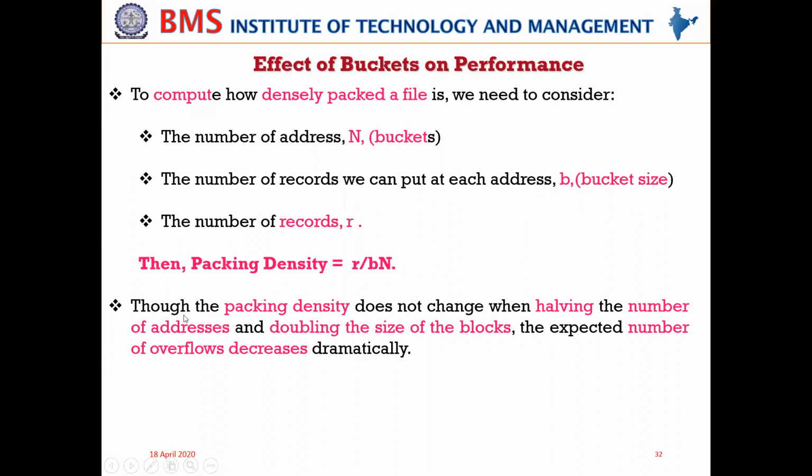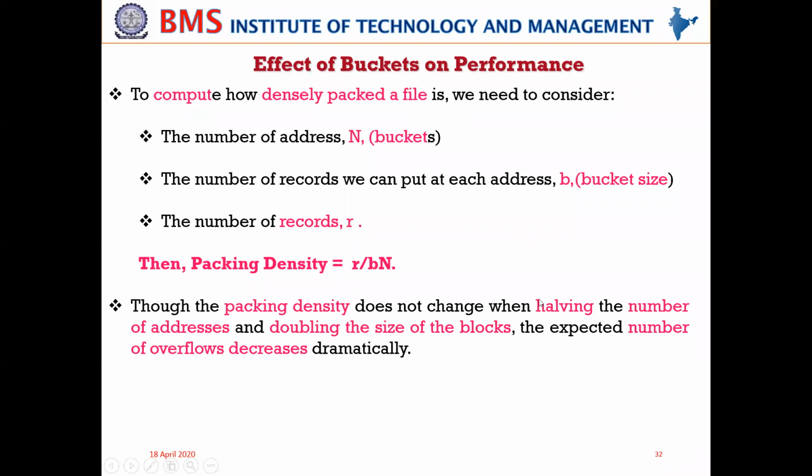Whenever you change these values N, B and small r, say you want to reduce the size of the file, or increase the number of buckets, or increase the number of records you can store inside the bucket, the expected number of overflow records will decrease dramatically.